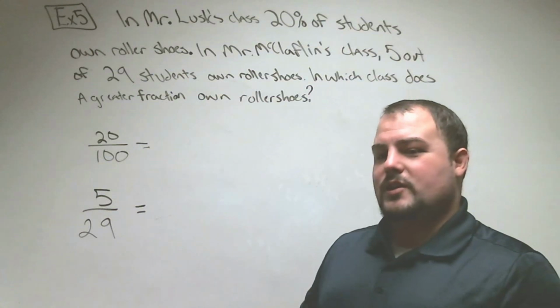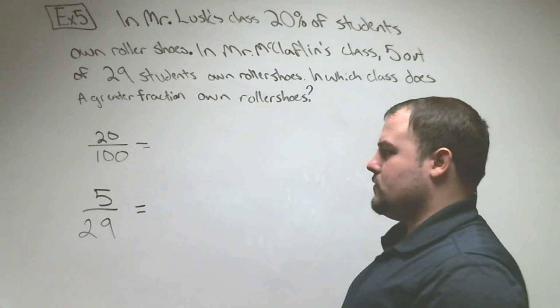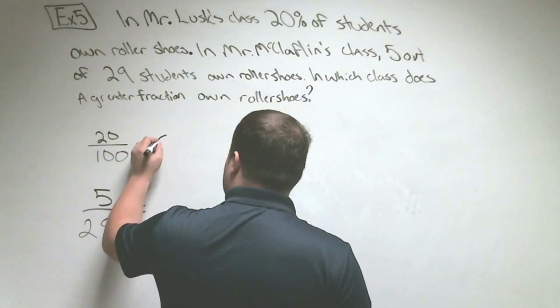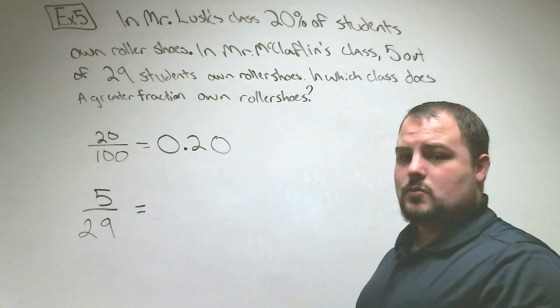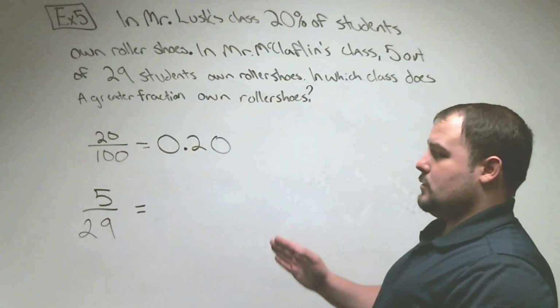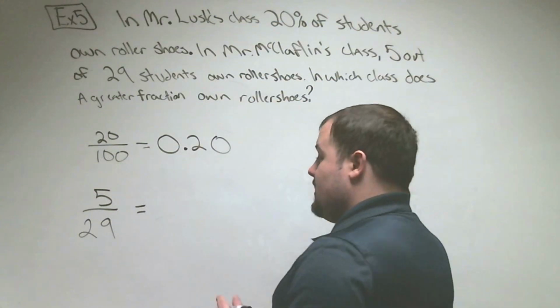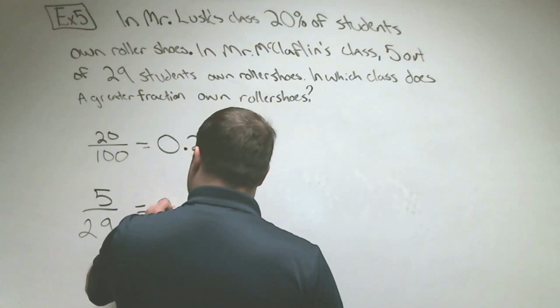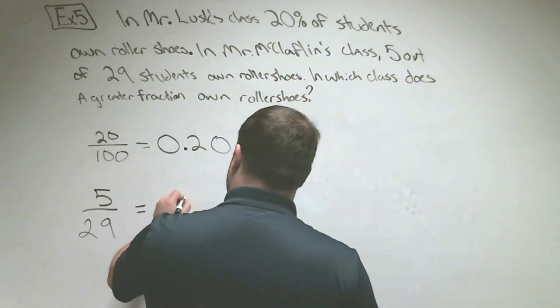So what we can do is change these fractions to decimals and then compare the decimals. So 20 out of 100 is the decimal 0.20 because it's 20 hundredths, and the 0 is in the hundredth spot. 5 out of 29 is about 0.1724.